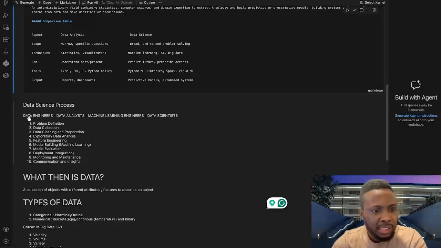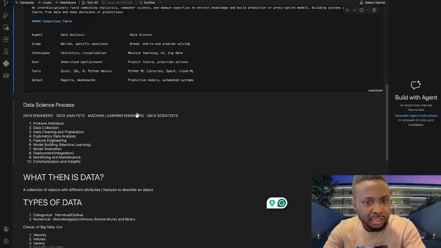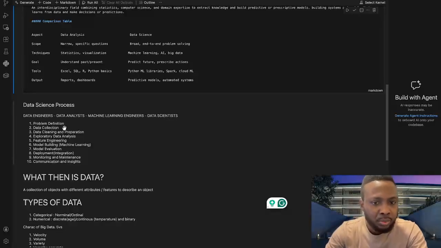Like you can see, as I outlined here, data science involves data engineers, data analysts, machine learning engineers, which gives you what? A data scientist. So when you combine these roles together, that is who a data scientist is. That is why I said you look at data science as a faculty and then data analysis as a department under the faculty.